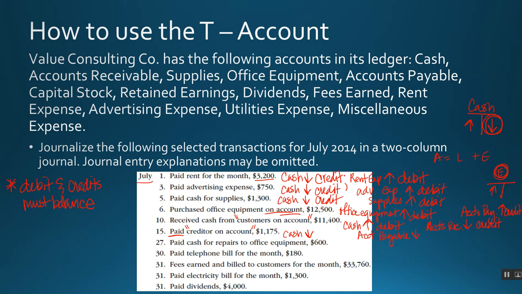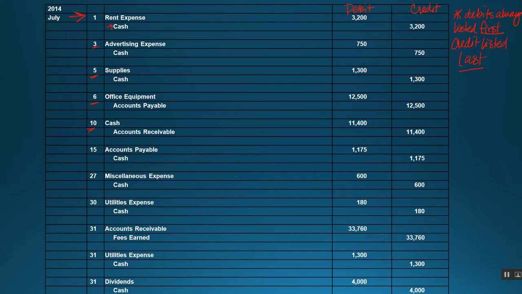However, they decrease on two different sides. Cash is an asset. It decreases on the credit side. Accounts payable is a liability, and it decreases on the debit side. So when we go over here, we put in the date that this transaction happened. Accounts payable is being debited, $11.75, and cash is decreasing, so it's being credited for the same amount.